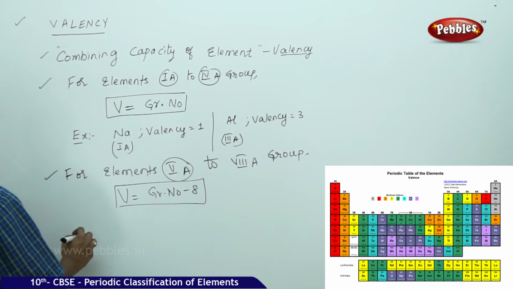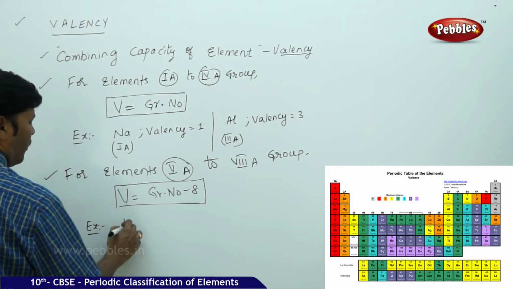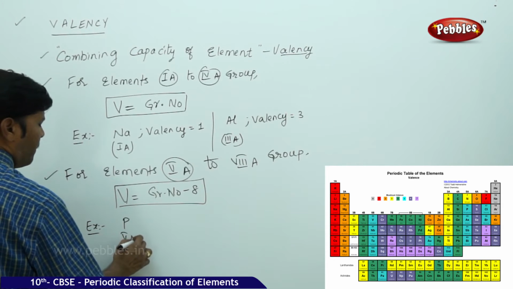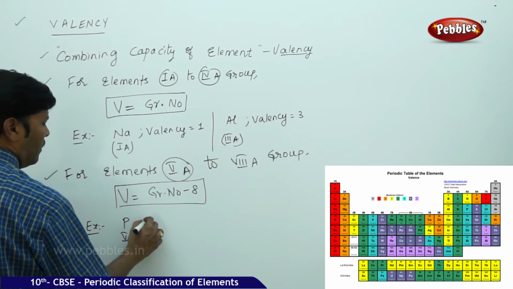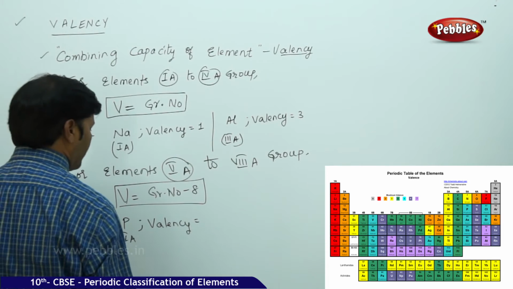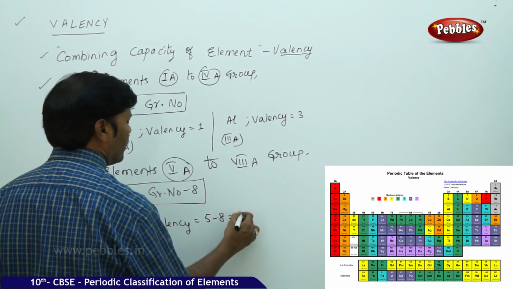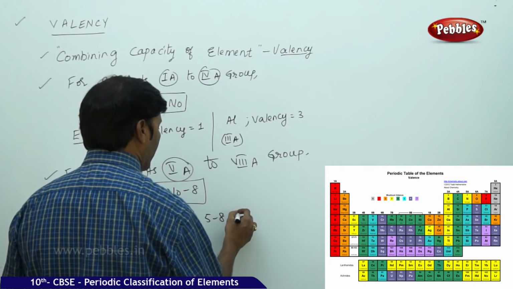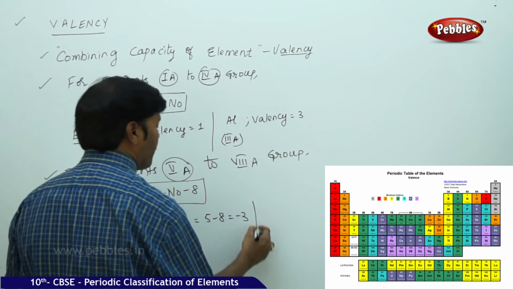Take one example. Phosphorus belongs to 5th A. Its valency V is calculated by 5 minus 8, which is equal to minus 3. So therefore, ignoring the negative sign, you can simply say that the valency of phosphorus is 3.